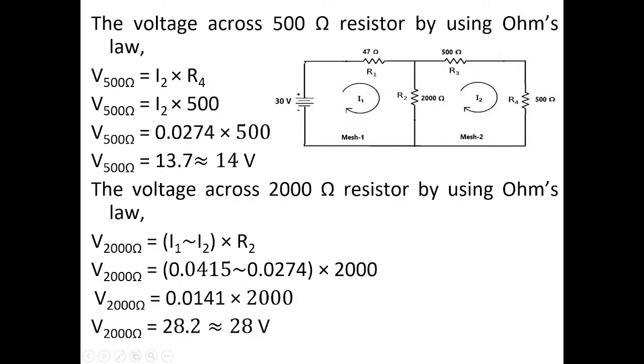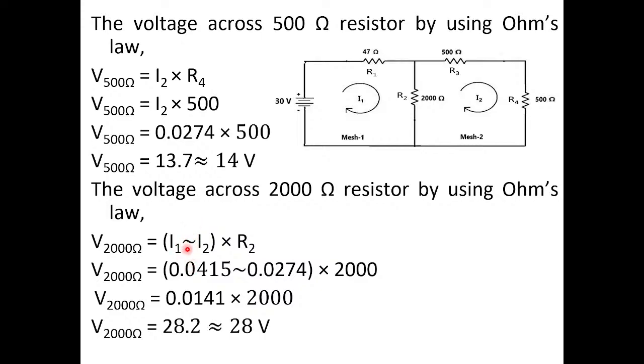Now, what is the voltage across 2000 ohms? It is the differential current, I1 minus I2 or I2 minus I1. You can consider any equation. I1 minus I2 into R2. I have written a differential symbol instead of minus, but you can write minus.